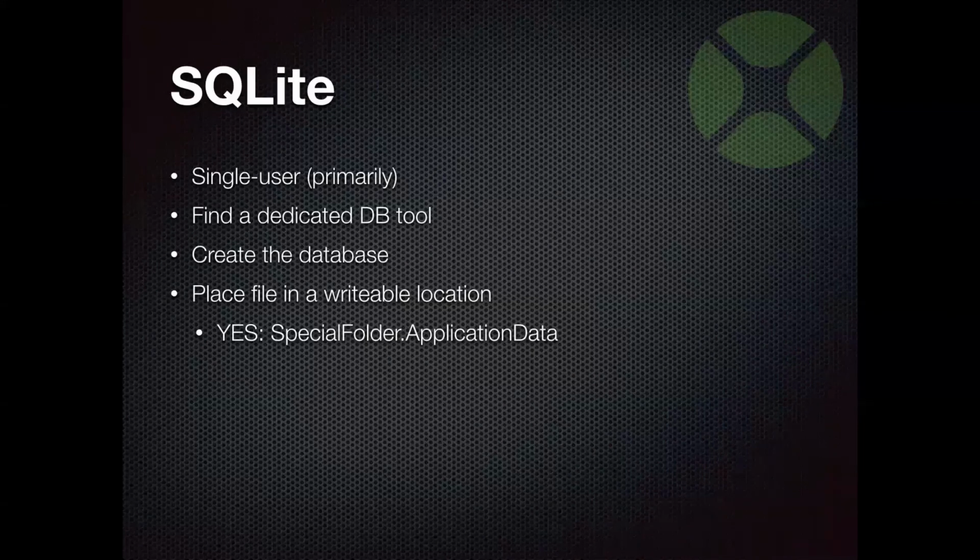You can use the SpecialFolder module and the ApplicationData method to get back the standard system location on the various operating systems that apps use to store read-write information, such as database files like this. So that's a good location to use. You can also prompt the user and let them choose where they want to save the SQLite file, in case they want to put it in documents or desktop or wherever.